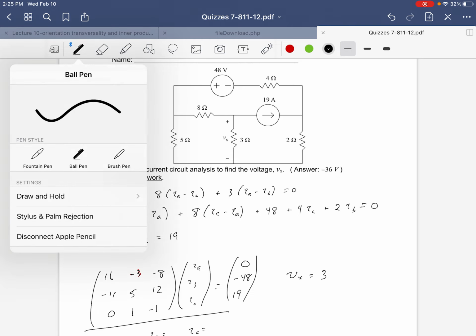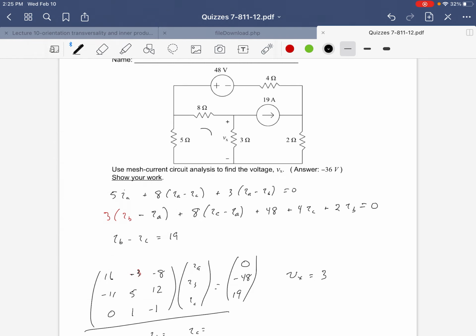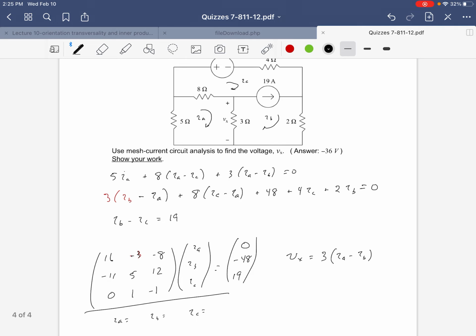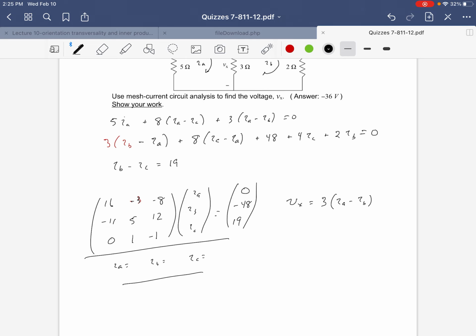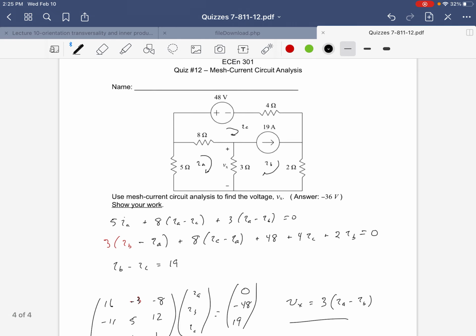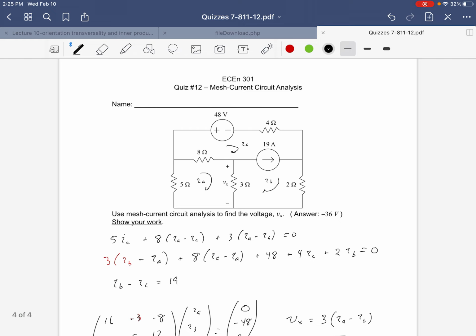Oh, sorry. This was IA, this is IB, this is IC. So Vx is going to be 3 times (IA minus IB). And we plug those currents that we've found in here, and we'll get Vx. Okay, that's how to do quiz number 12.